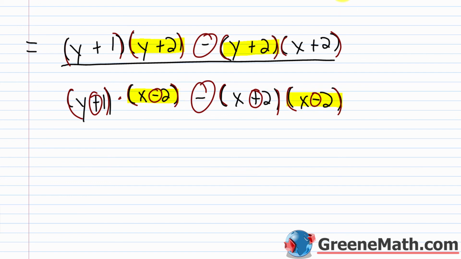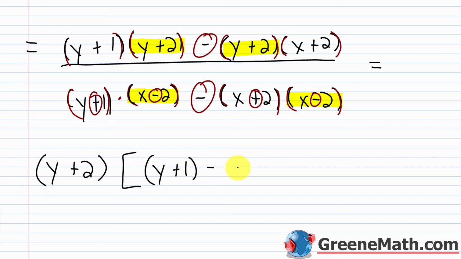So what happens if we pull that out? If I pulled it out, so in this case I'd have a y plus 2 out in front. So inside of, let's say, brackets, I would have what's left, which is y plus 1, that quantity, minus the quantity x plus 2. Now this is multiplication.